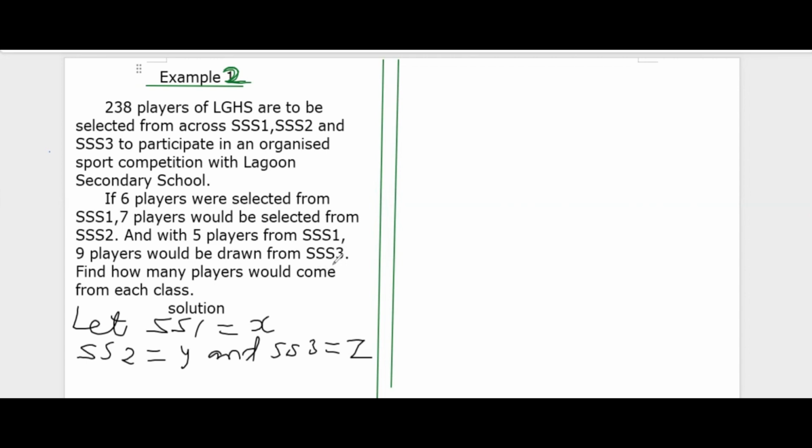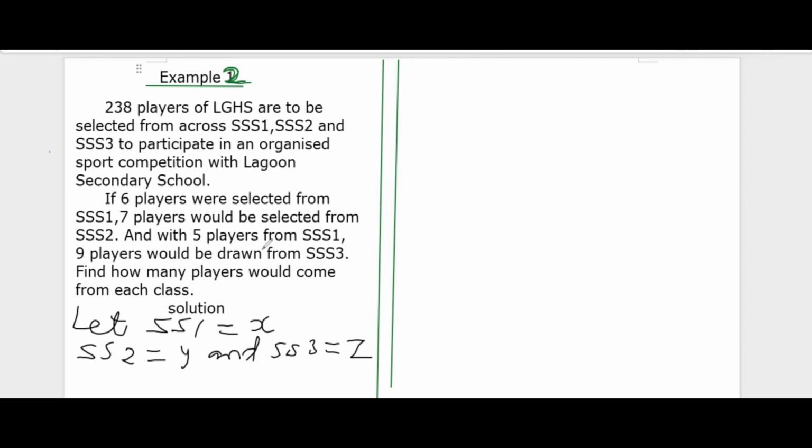So we can see now that if we want to standardize the ratio, the common one is SS1, because they mention SS1 again, meaning that SS1 is the standard, the middle ratio.